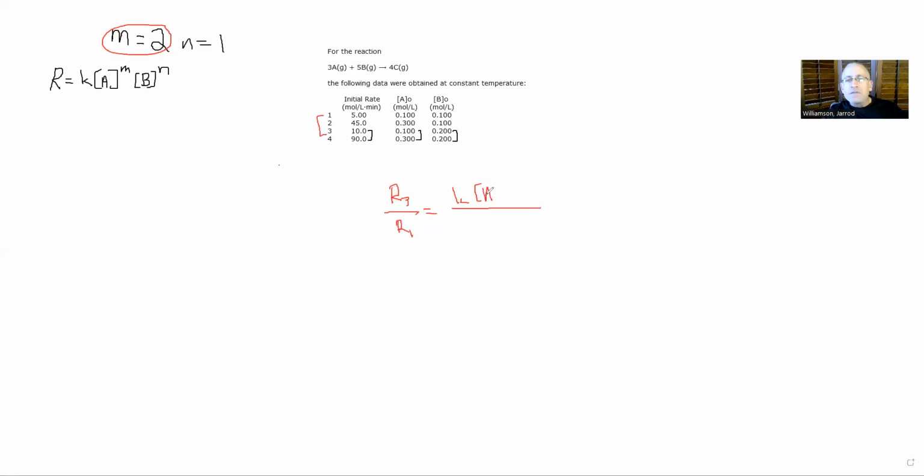The A concentrations for experiment 3 and experiment 1 will cancel out, and the k's will cancel.